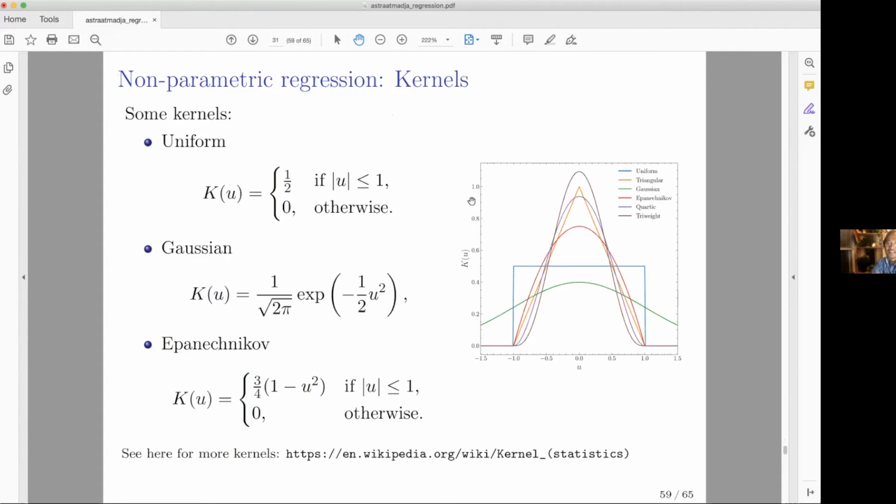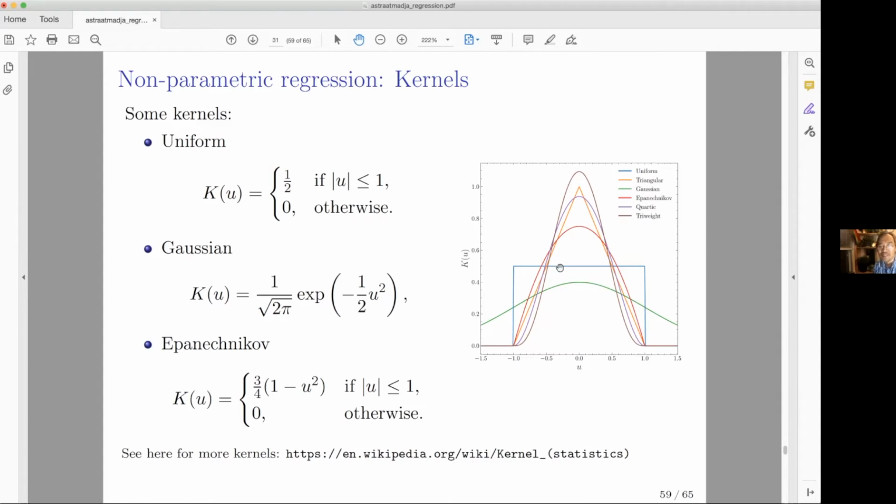A kernel is just a weight function. It's a function of u here, which is the normalized distance relative to the bandwidth. And there are a lot of kernels. You've heard of the Epanechnikov kernel. It's this one here.